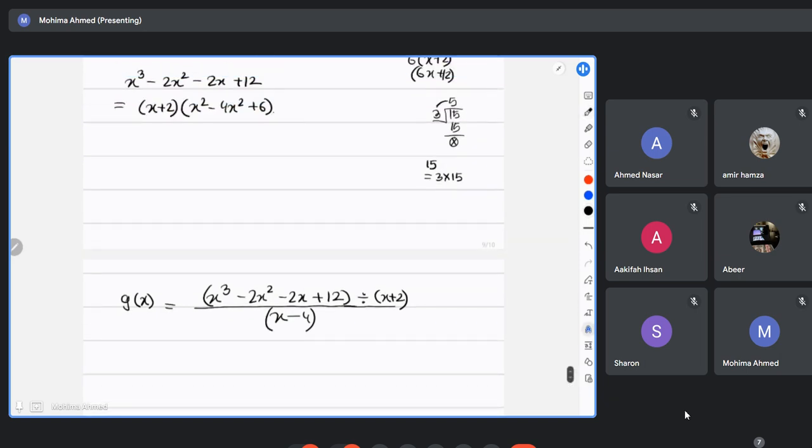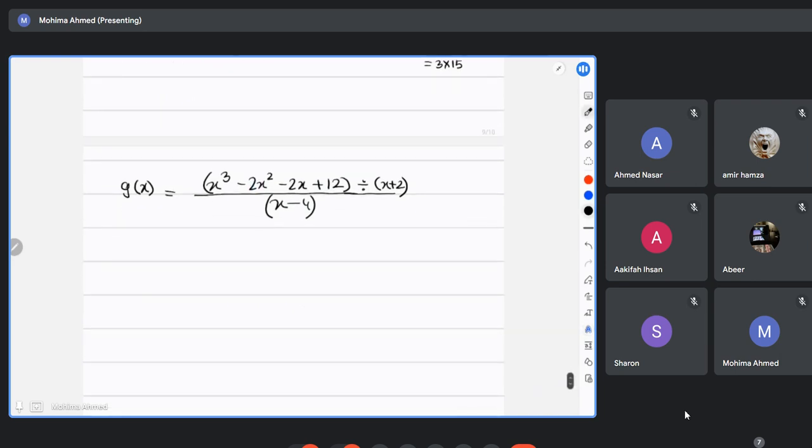Now, since I already know I can break down this polynomial in this format, right? I can write this polynomial in this format. I'm going to write it as x plus 2, x squared minus 4x plus 6, multiplied with, but this was actually divided with this term, right?